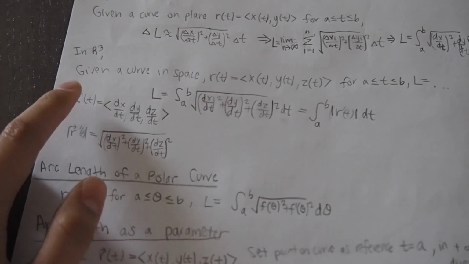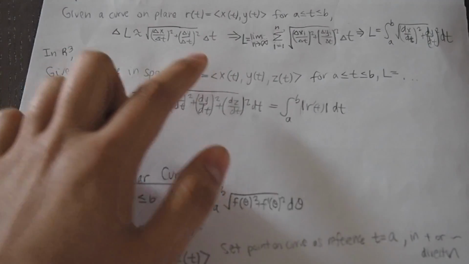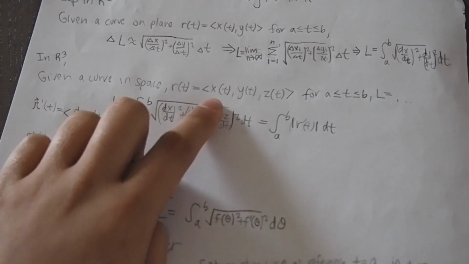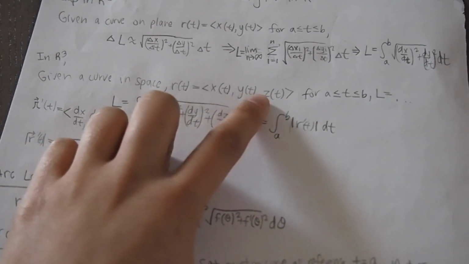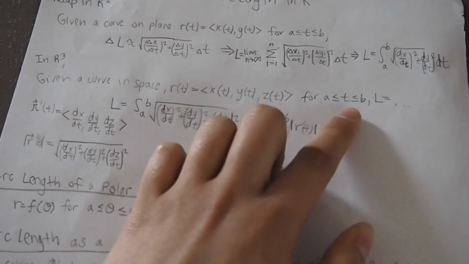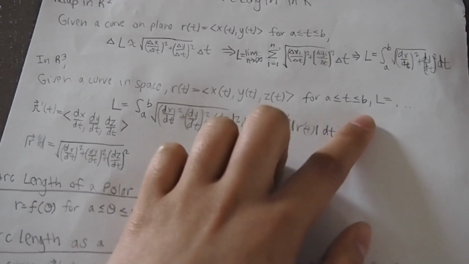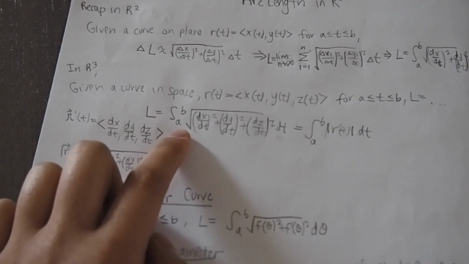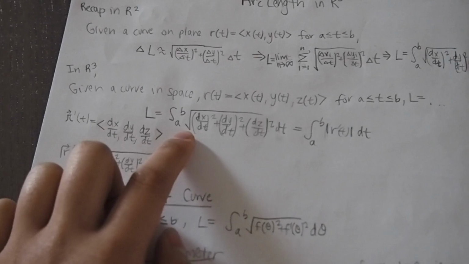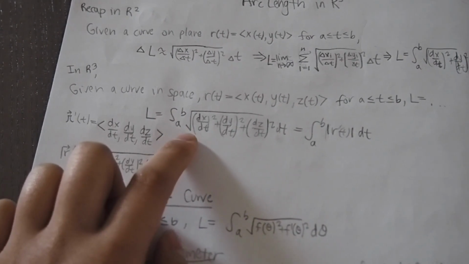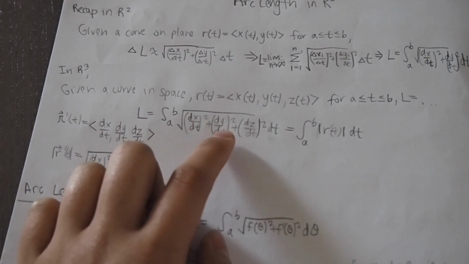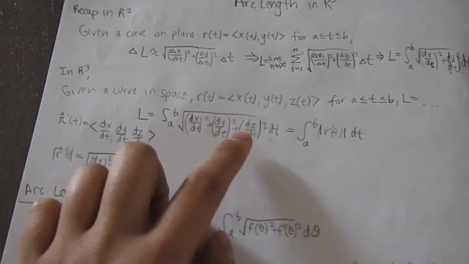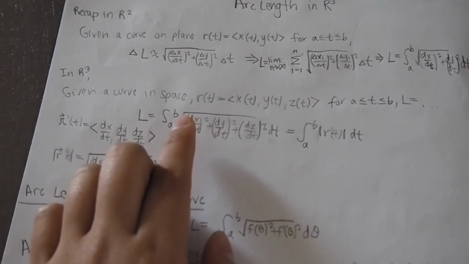So in R3, given a curve in space, r(t), which equals the vector x of t, y of t, and z of t for a t that's between a and b, our arc length formula will equal the definite integral of the square root of dx/dt squared plus dy/dt squared plus dz/dt squared with respect to t from a to b.